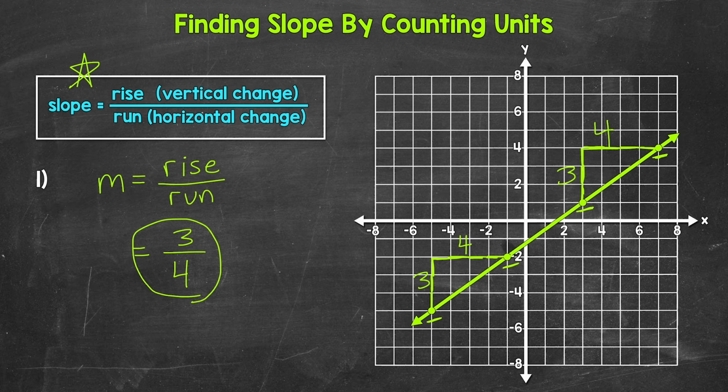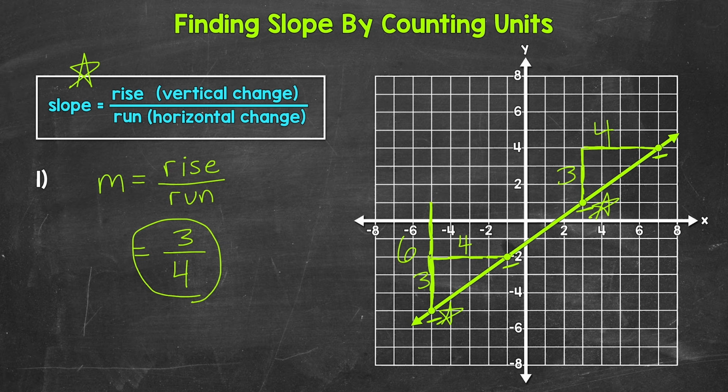But what if we pick this point right here and this point right here? Well, the rise is 1 unit, 2 units, 3 units, 4 units, 5 units, 6 units to align with that point. So the rise is 6.